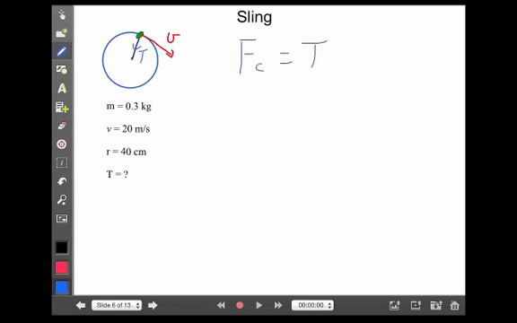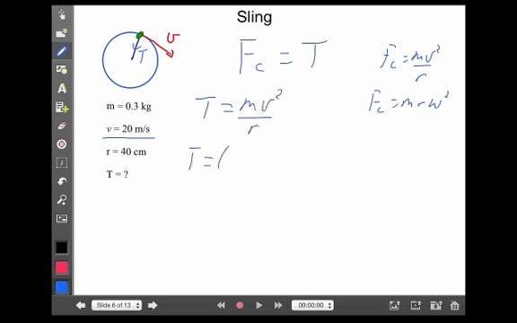Now it's just a matter of substituting. Since I have linear velocity, where I see Fc, I want to use my linear velocity formula. I don't want to use the angular velocity one because I don't have angular velocity. So where Fc is, I'll put in mv squared over r.